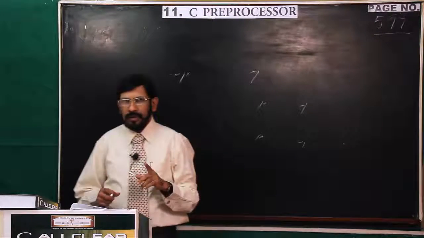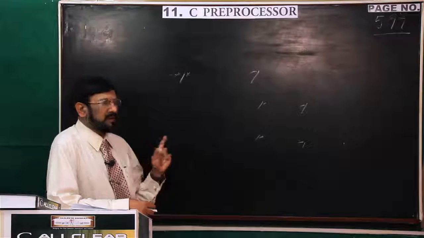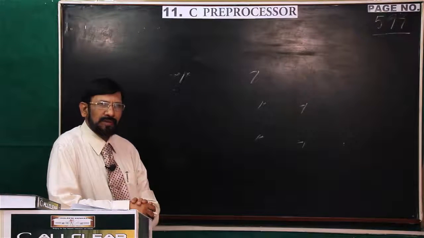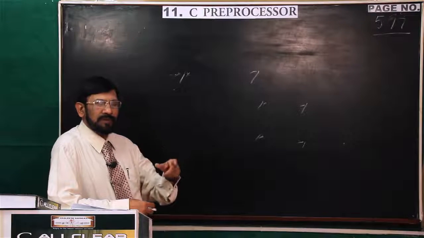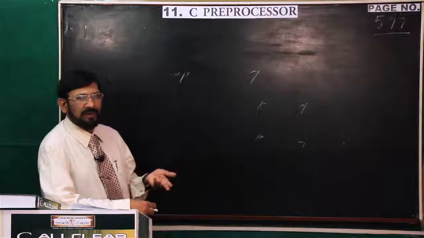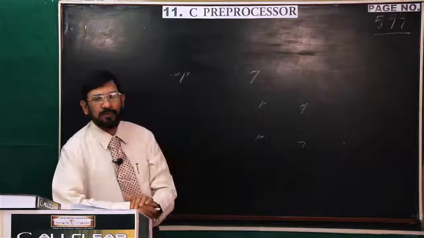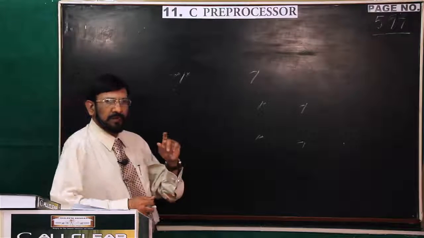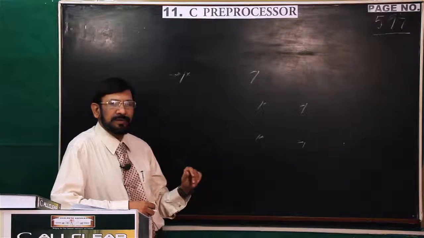When these comments are removed, the compiler can perform its job smoothly. So the preprocessor is activated before actual compilation starts. It is like an office boy, and it removes all the comments from the program. Then the pure code required for the compiler remains.